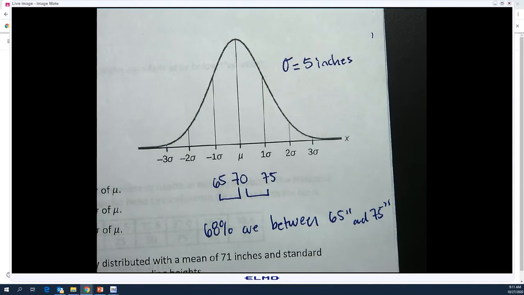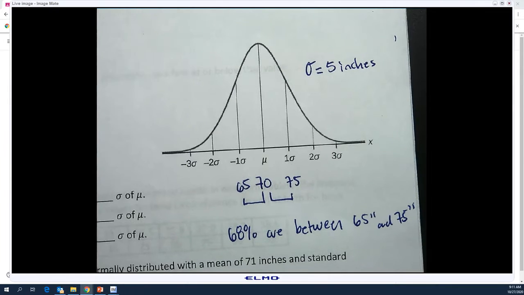So it's worth maybe writing these down or keeping this page handy. These percentages right here are fixed. These are approximations, so these are not the exact value, but these are close enough. This is what we use for our empirical rule.